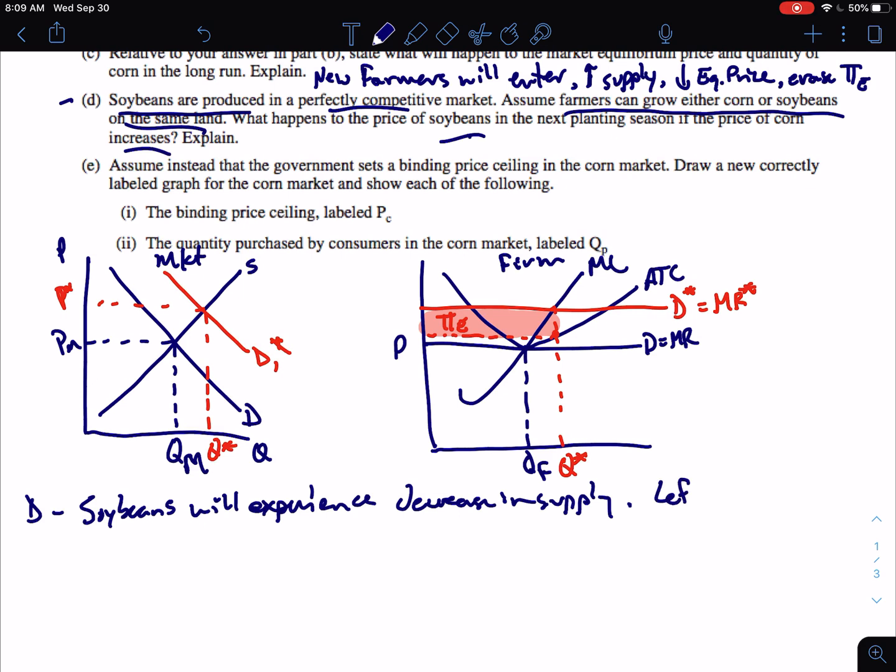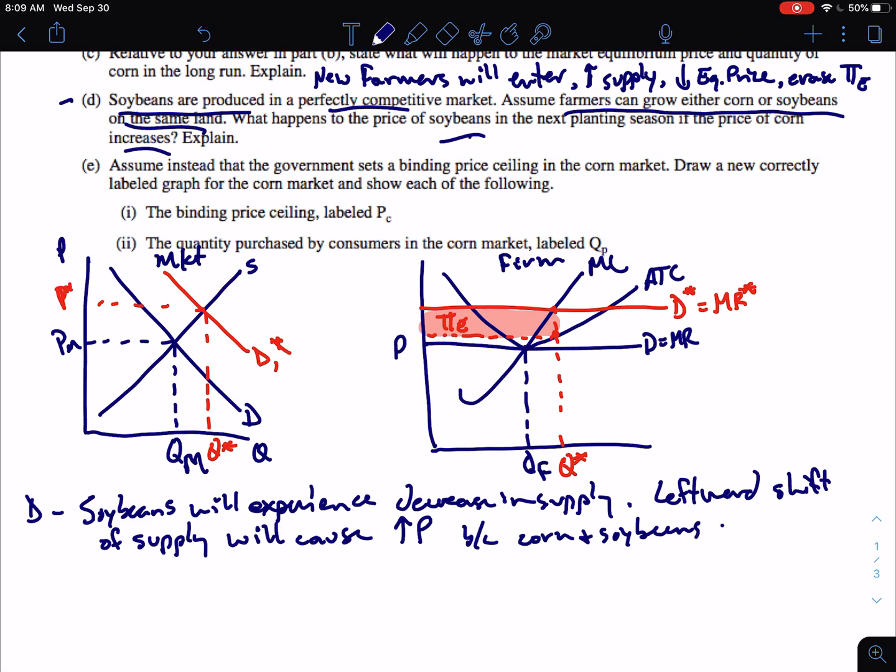So a leftward shift of supply will cause the price to rise. So I think that's all we need to say. Well, yeah, let's add because corn and soybeans are substitutes. And that pretty much ought to do it.